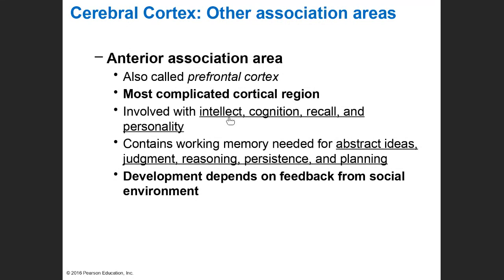I actually already talked about this in part one of this video. Remember when I was talking about functions of the frontal lobe? What I was really talking about was this specific area of the frontal lobe called the anterior association area. You should also know that this is referred to as the prefrontal cortex.